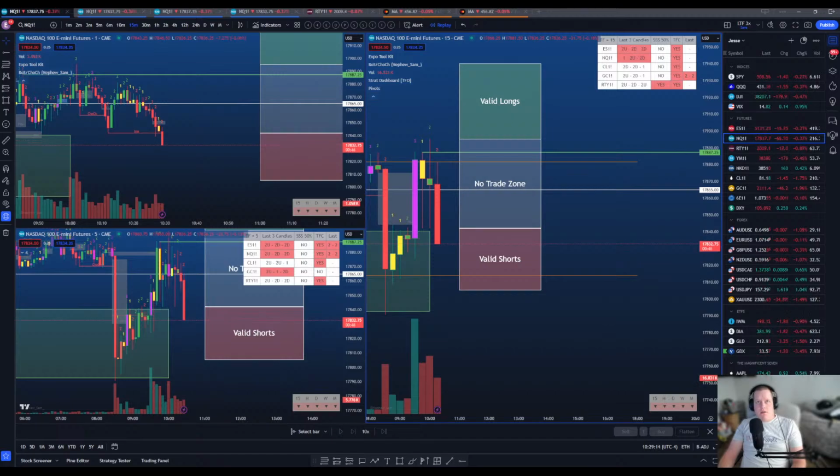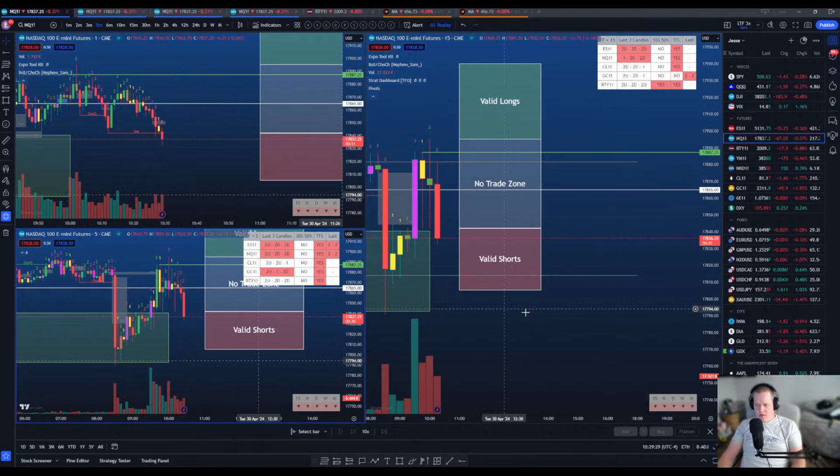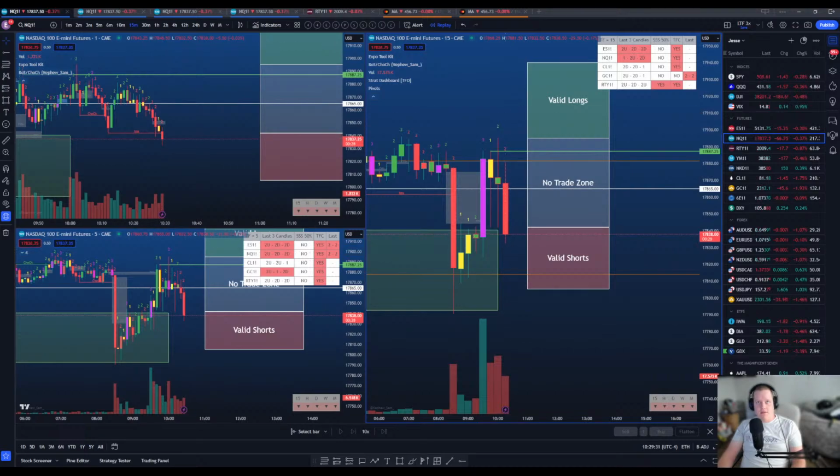Grabbing a short NQ in at 39.25. 2-1-2 down on the 1, 2-2 continuation on the 5, but more importantly, 2-2 reversal on the 15.